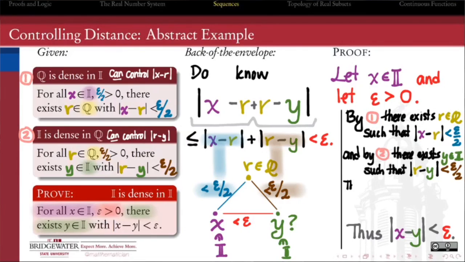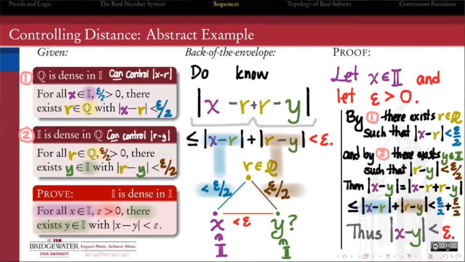And then we'll use the triangle inequality to say that we can control the distance between x and y by subtracting and adding r inside the absolute value, and then breaking it apart into our two pieces, absolute value of x minus r plus absolute value of r minus y, which we can do according to the triangle inequality. And because we have control over each of those two distances, less than epsilon over 2, when I add them together, the sum is less than epsilon, which is what I wanted to prove.